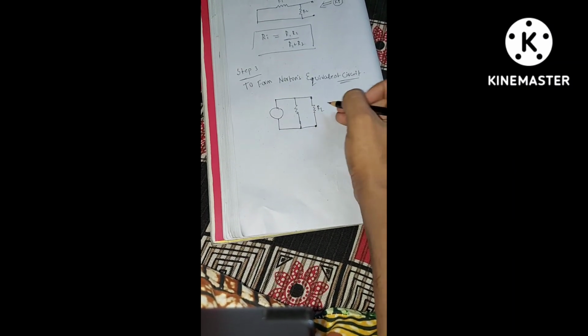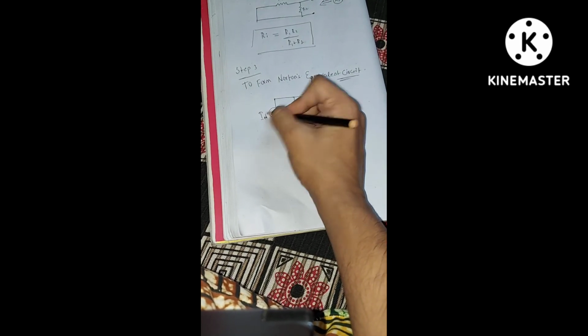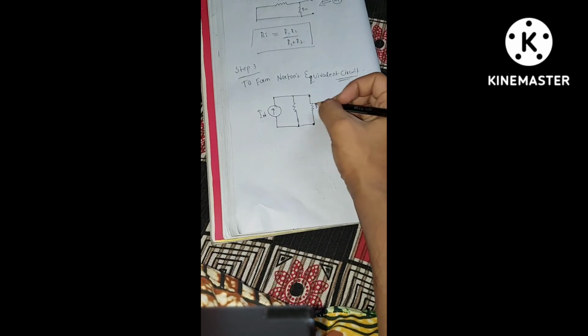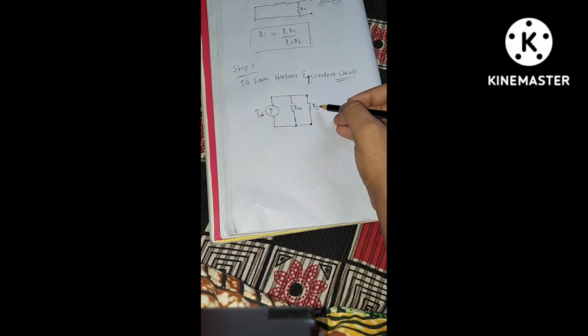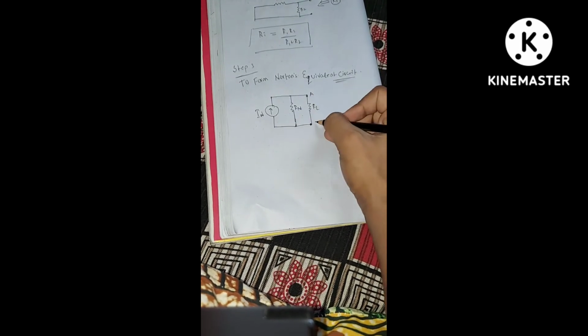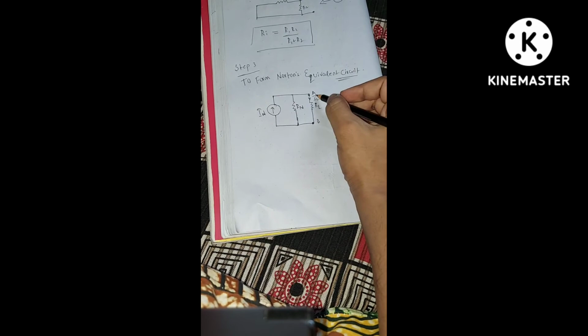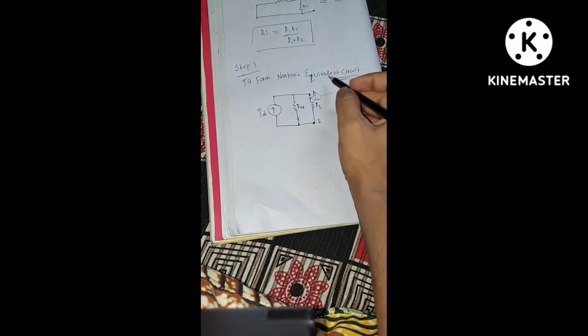So this is my RL, this is my constant current source IN. This is my equivalent Norton's resistance RN, and this is the load resistance RL. So point A, point B, the current I have to find is IL. So this IL I have to find in the Norton's equivalent circuit.